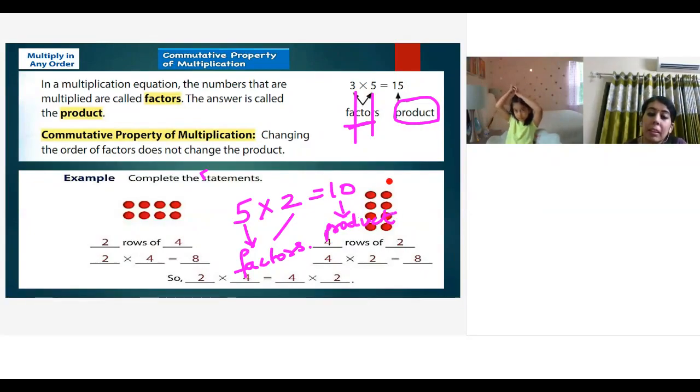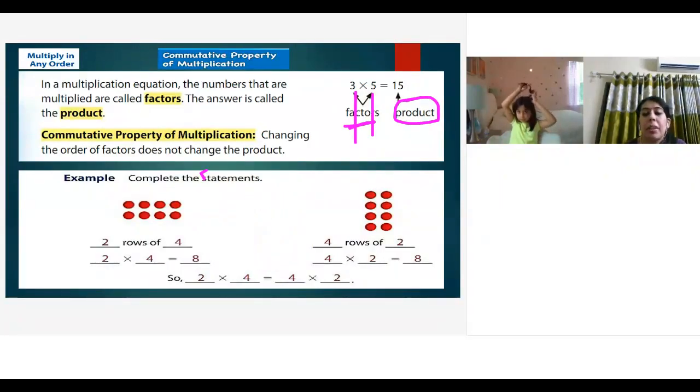Is this clear? Should I write it again? No. It's written over here. Yeah, I can see that. So this is clear, what factors and product mean. Shall we move further? Yep.